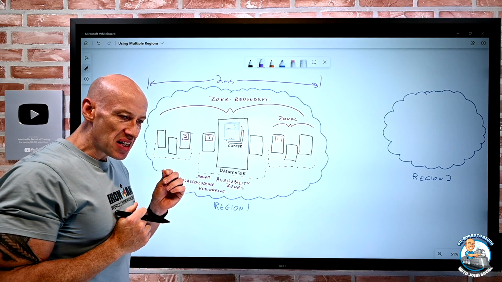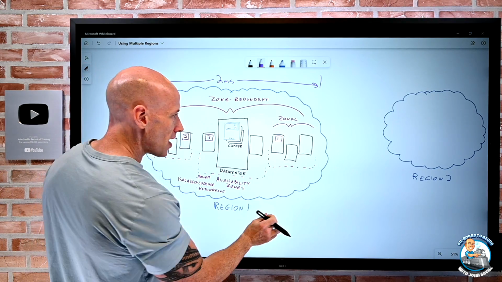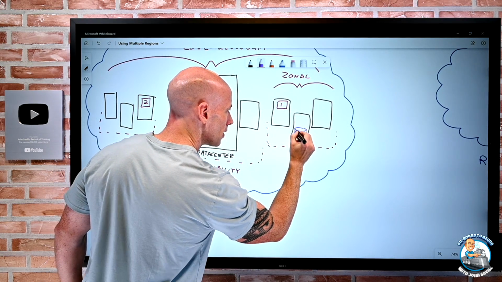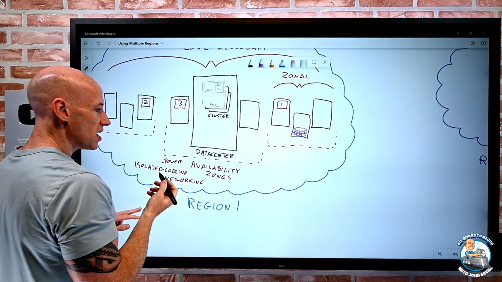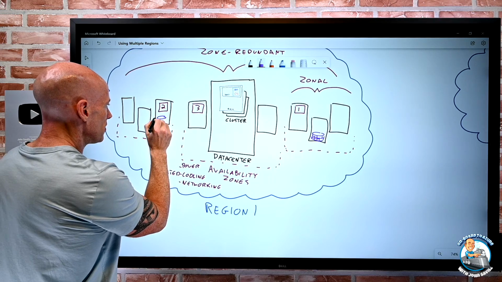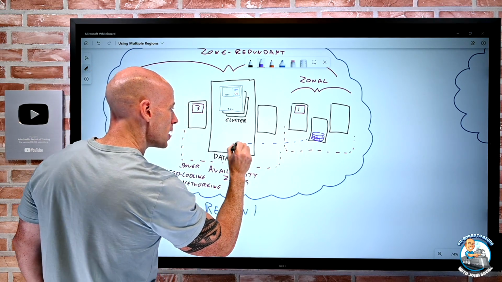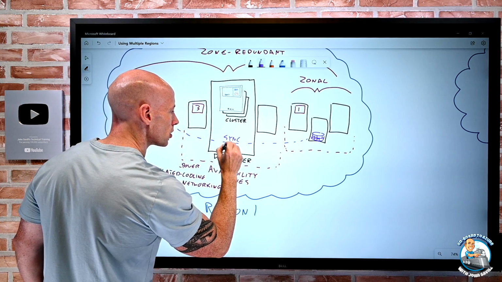So what that means is, hey, if I've got a database, for example, well, I could have a database here, and I could have a copy of it. I could have another copy of it over here. And this could have synchronous replication.